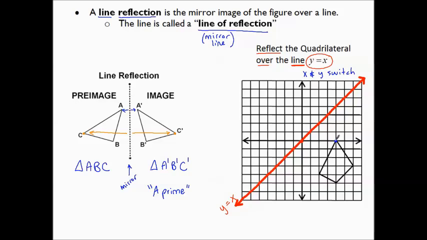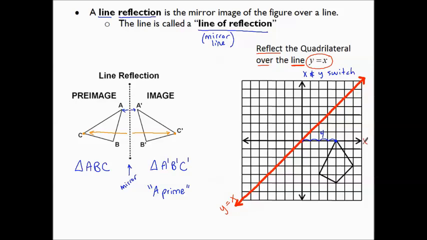So, for example, I'm going to count 1, 2, 3, 4 spaces in the x direction. So if I'm going to flip that over the line y equals x, I'm switching the x and the y. So that means I'm going to count 4 spaces in the y direction. Remember where your axes are.